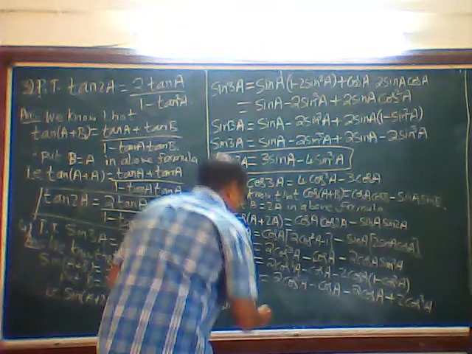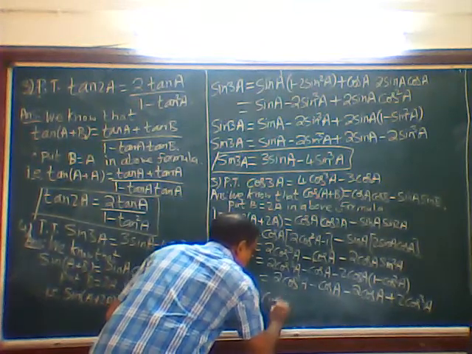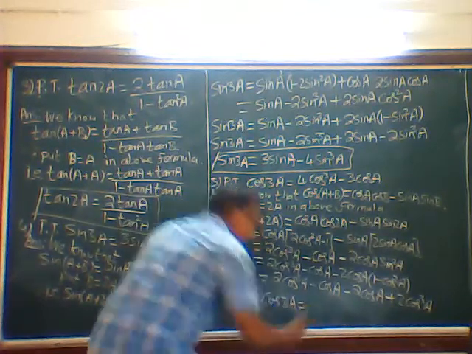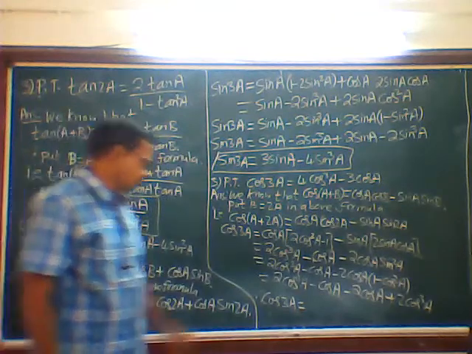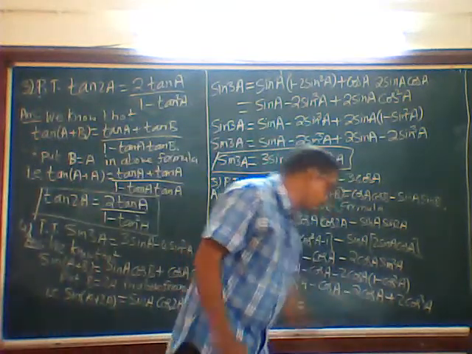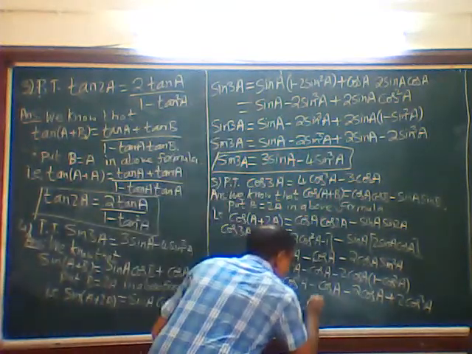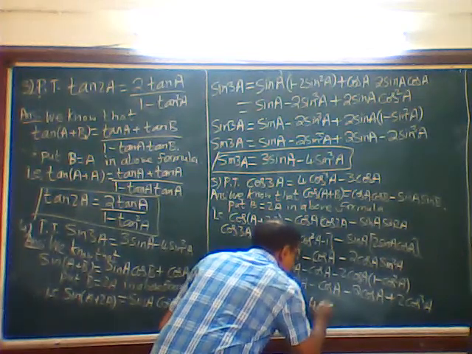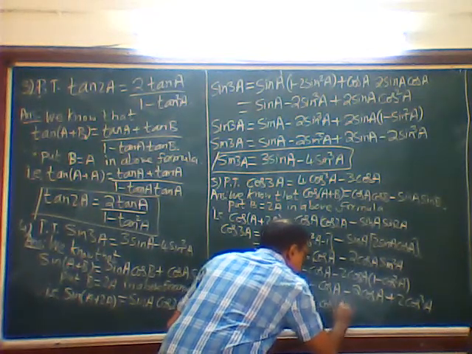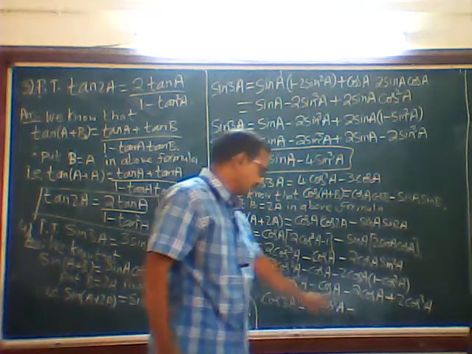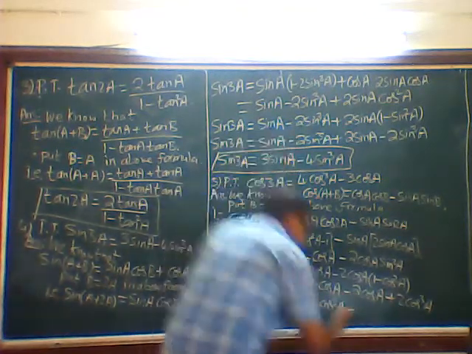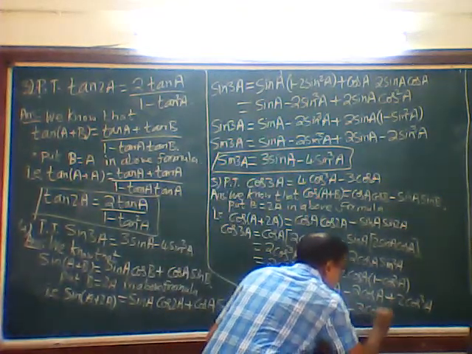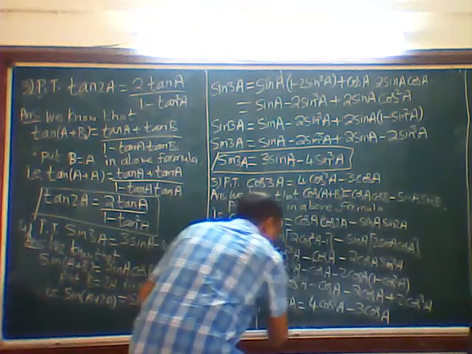Okay, so finally therefore cos 3a is what? 2 cos cube a plus 2 cos cube a is 4 cos cube a. 4 cos cube a minus cos a minus 2 cos a is minus 3 cos a. Okay, this is the answer.